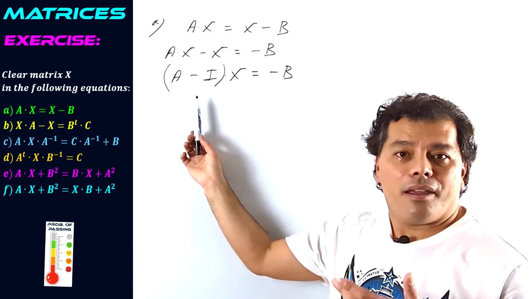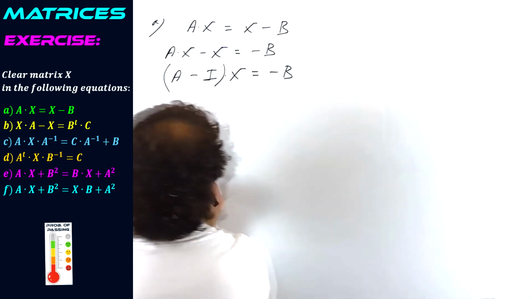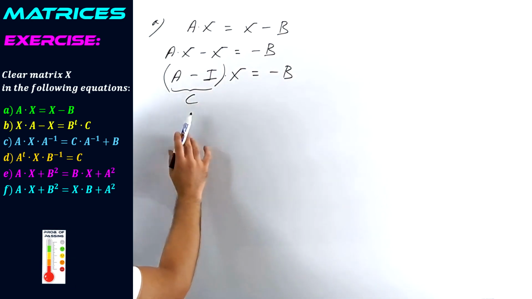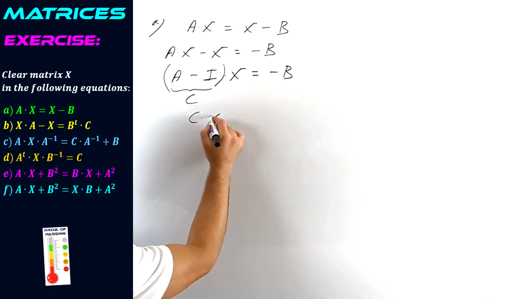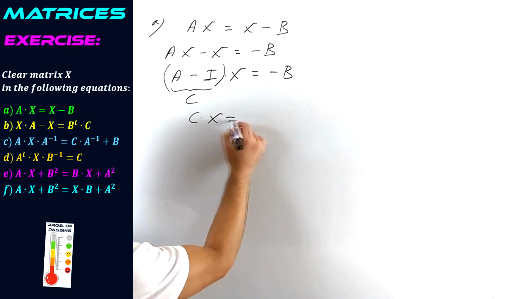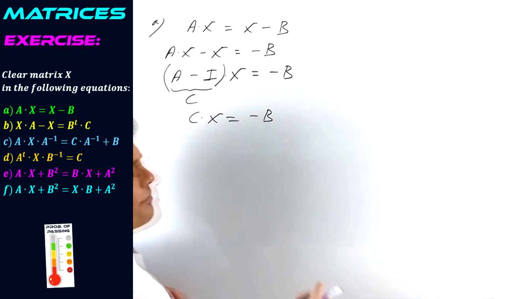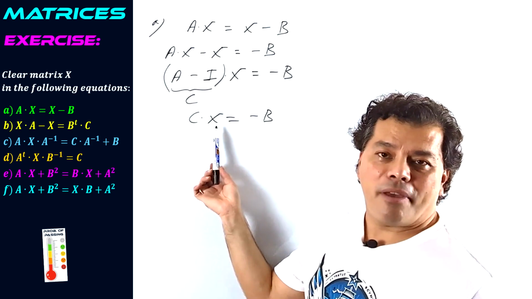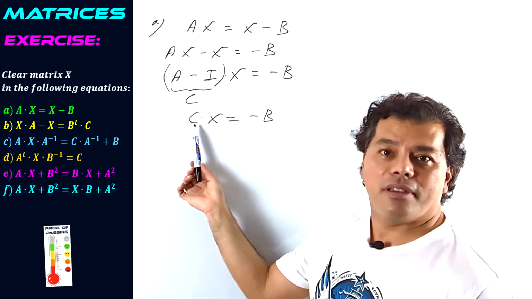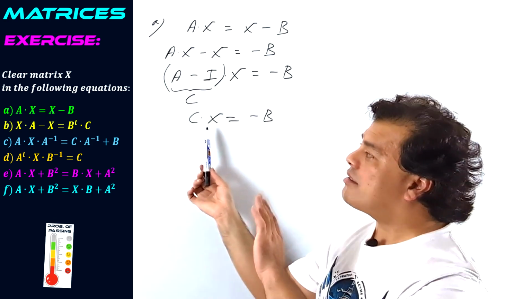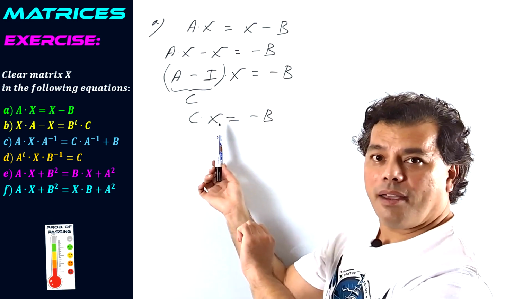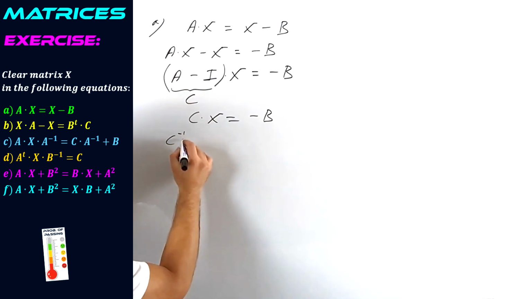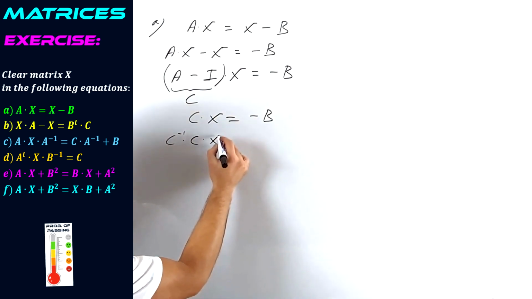Okay? Now we can name A minus I. Let's say that this is matrix C, and this is what we have. C multiplying x equals negative b. Now it's time to free matrix x from its captor C, that as it is at the left side of x, we are multiplying both sides by C to the negative 1. Okay?